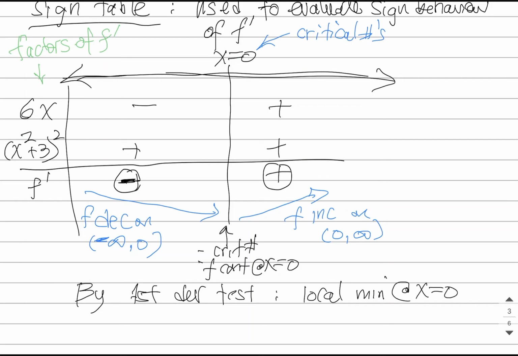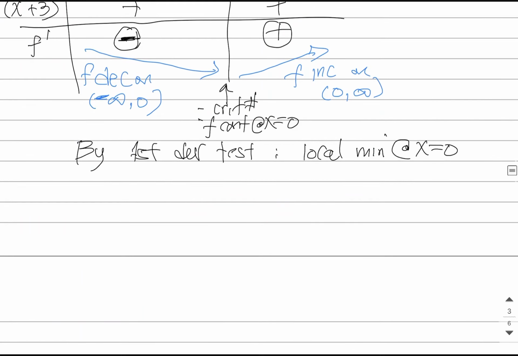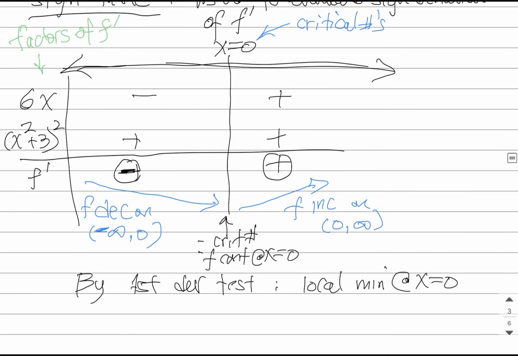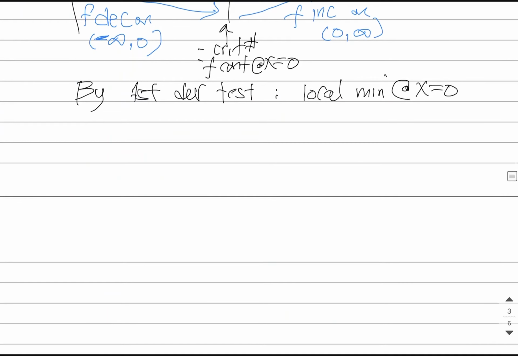It might be an absolute minimum, and in this case, it's going to turn out that it will be, but the first derivative test can only directly tell you whether they're local or not. And this is how this test works. It's very simple. You take a derivative, you factor the result, and then you build a sign table.